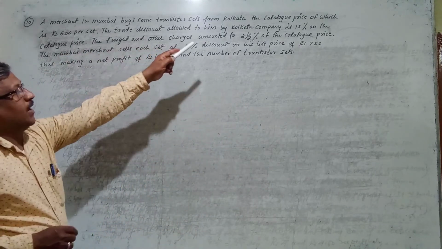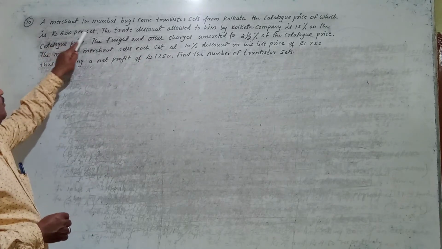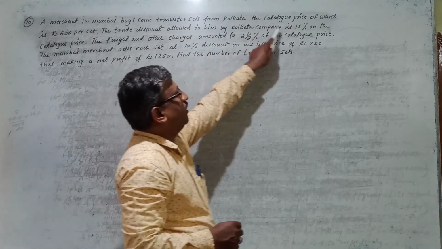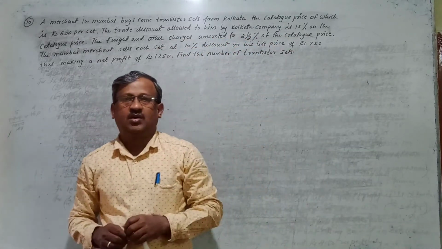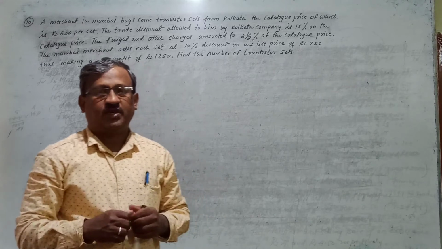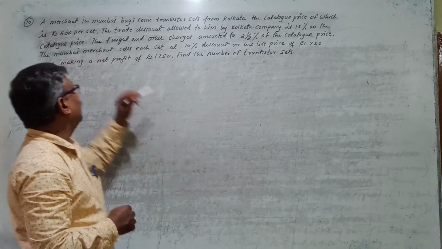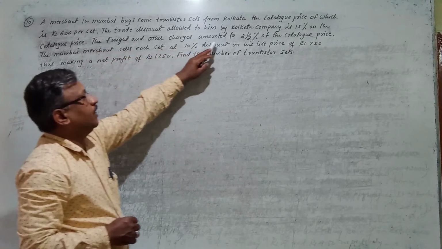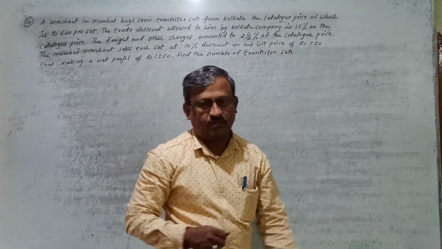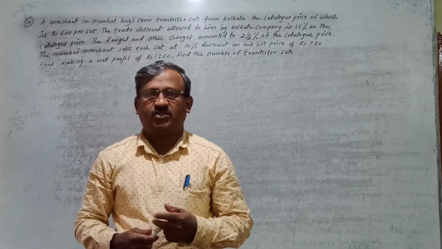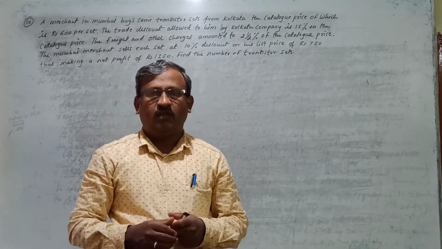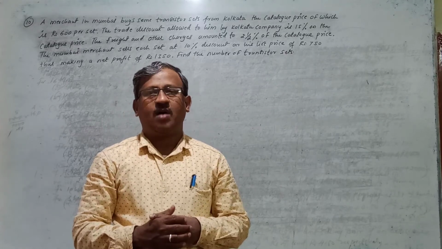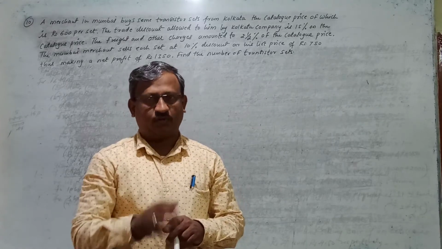The trade discount allowed to him by Kolkata company is 15%. So the Kolkata company is giving him 15% trade discount, right, on the catalog price. Then freight and other charges amounted to 2.5% of the catalog price. Means to bring those number of transistor sets from Kolkata to Mumbai, the Mumbai merchant has to pay freight and other charges, which is 2.5% of the catalog price only.